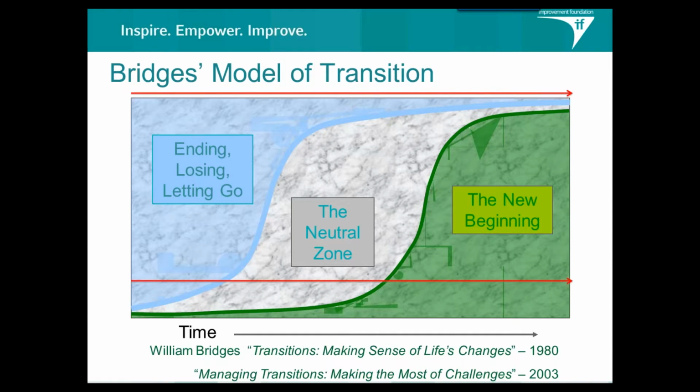Once the change effort is underway, people then enter the neutral zone, whereby they're not sure if they're keen on the new change and they're beginning to let go of the way things were done before. Once people work through the neutral zone, they then get to the new beginning, which is where they start to embrace the change and think about what can be done next.